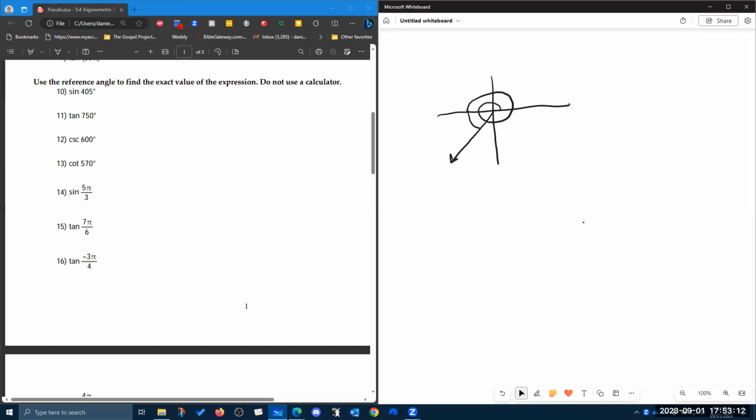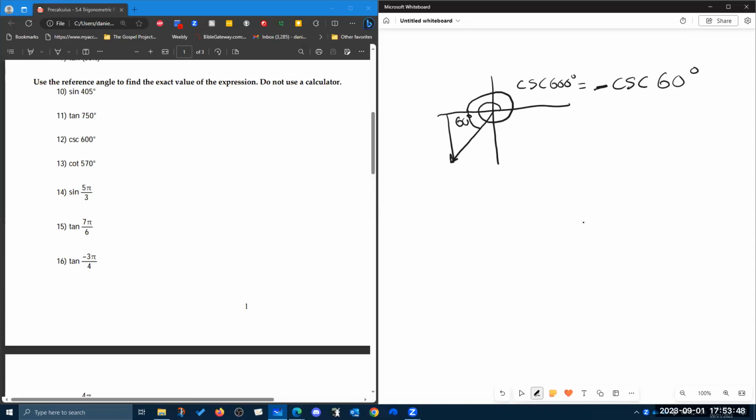Now we've got one that's in quadrant 3. So 60 degrees is my reference angle, and cosecant is going to be negative in quadrant 3. So I'm going to say that this is a negative cosecant of 60 degrees, which is going to be the same thing as the cosecant of 600 degrees.